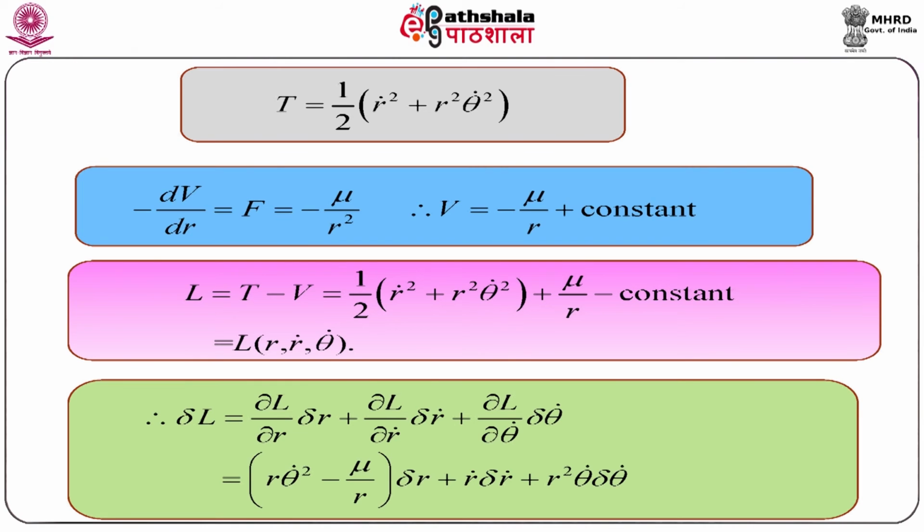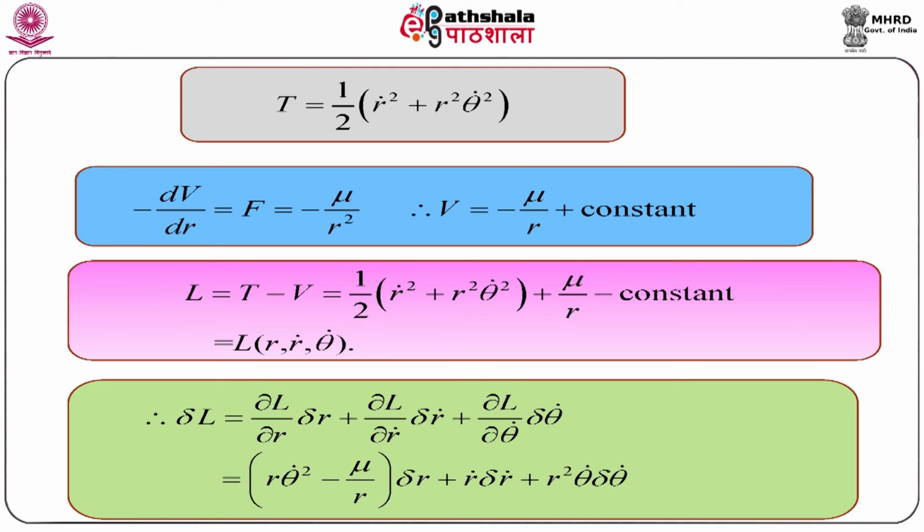If we take the variation of Lagrangian, then we get delta L equal to del L del r into delta r plus del L del r dot delta r dot plus del L del theta dot delta theta dot.